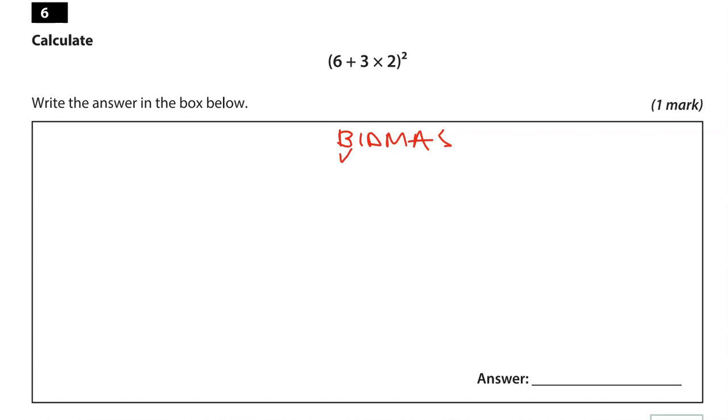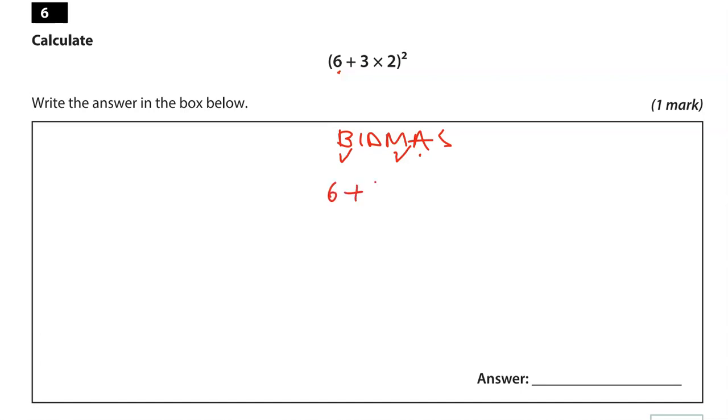So 6 add 3 times 2. Again, we have two operations in there. Which one do we do first? The addition or the multiplication? And this tells us that we need to do multiplication before we do addition. So we're going to do 3 times 2, which is 6.